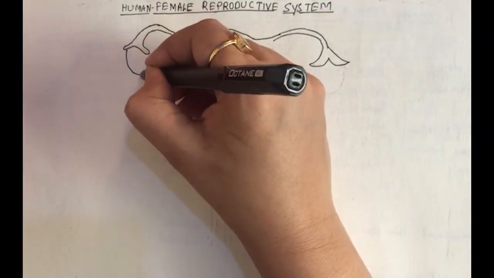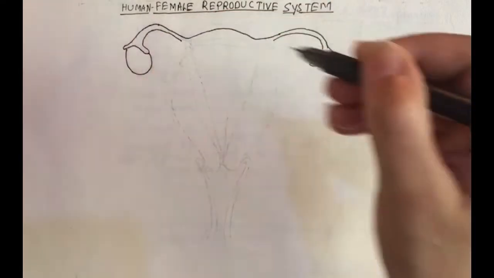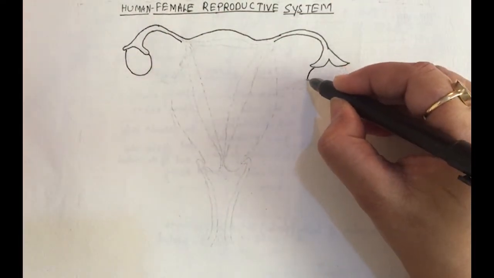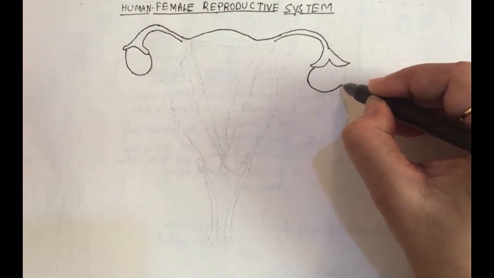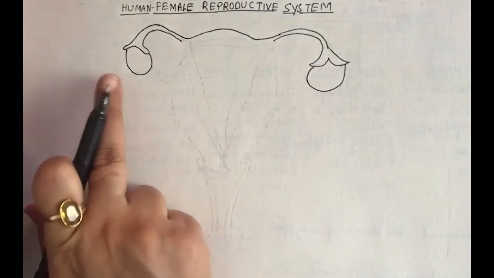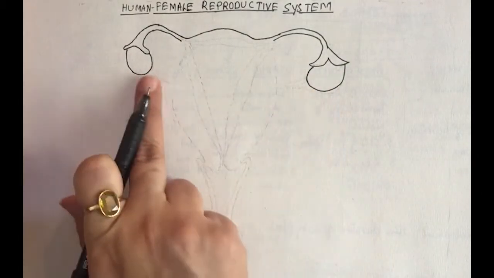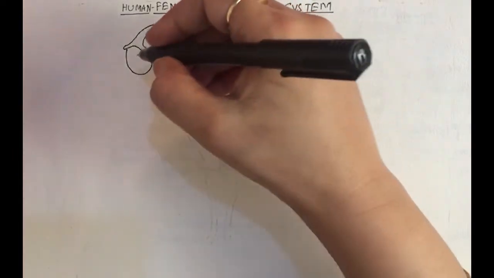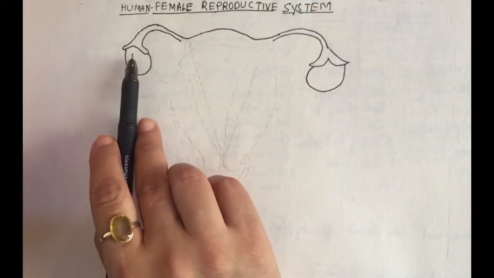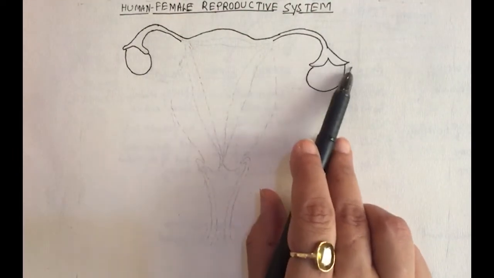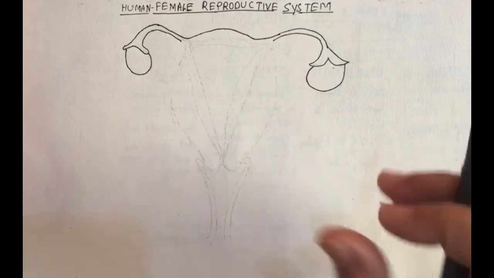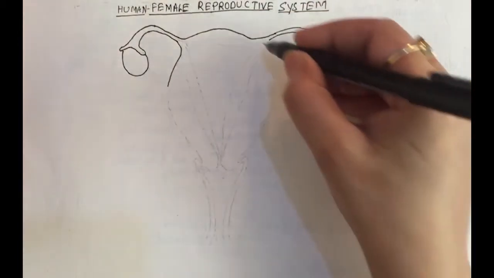Now here is the first ovary and here is the second ovary. Here we produce eggs. The ovaries here they produce eggs. Now they are attached with the oviducts with a crown like structure so that it can hold it properly.